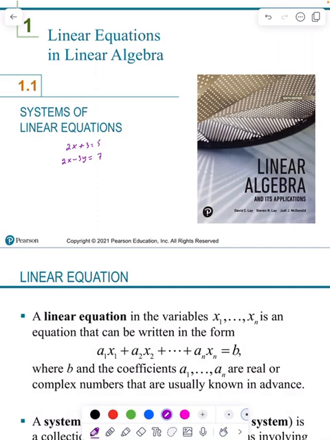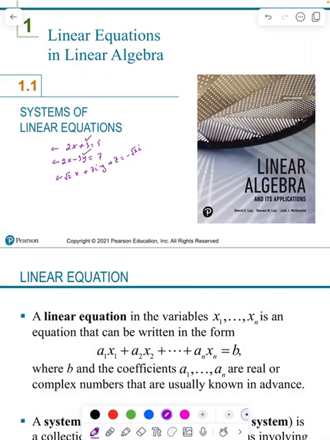A linear equation in three variables might look like square root of 2 x plus 3i times y plus z is equal to negative square root of 2i. Notice the difference between them: here we have one variable, here we have two variables, here we have three variables.